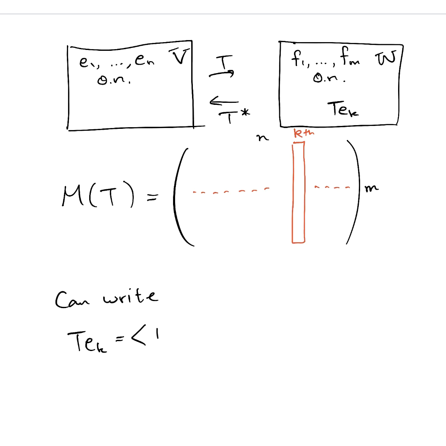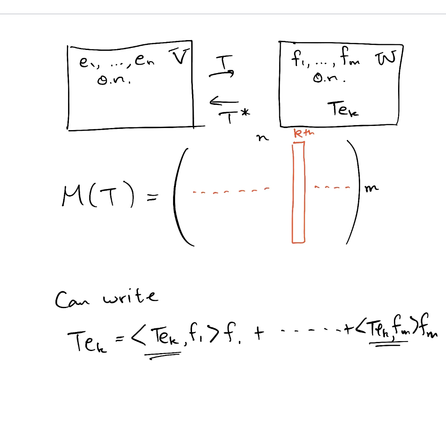And that combination is the inner product of T Ek with F1 times F1 plus ... the inner product of T Ek with Fm times Fm. That is the linear combination of the Fs that produces T Ek. And these coefficients here are exactly the entries of that kth column.